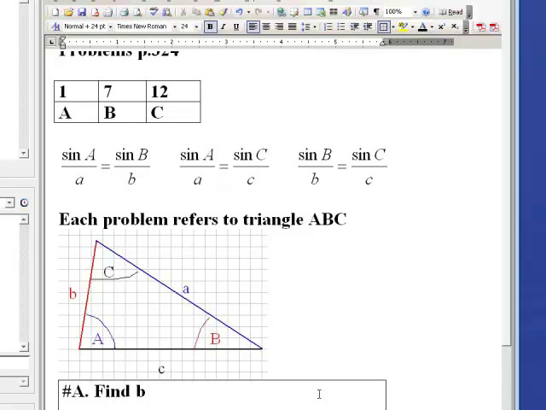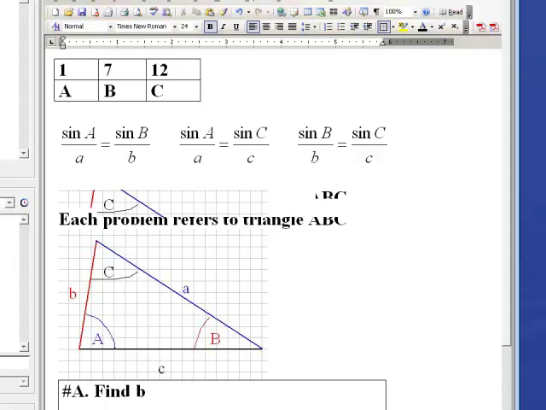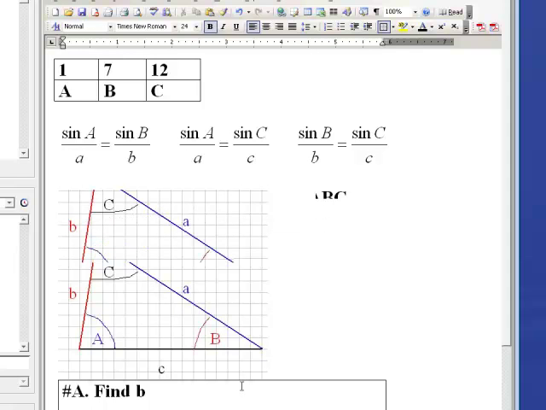So for the first one here, it says for a triangle that has A equals 40 degrees, B equals 60 degrees, and a equals 12 centimeters, find b. Well, of course, here we would have to use this law of sines. And then we're just going to plug in the numbers.